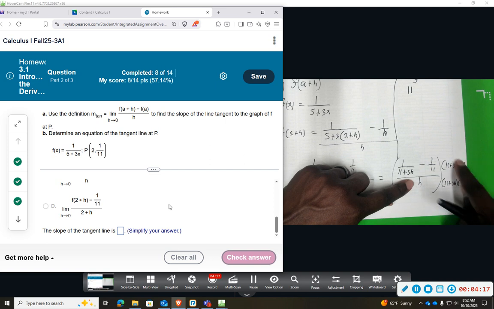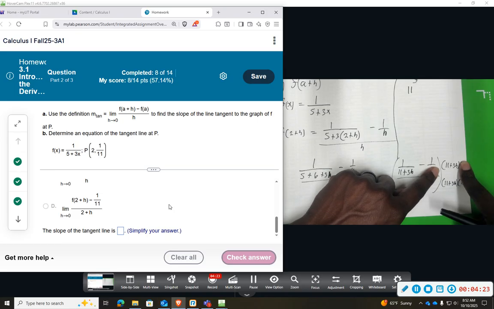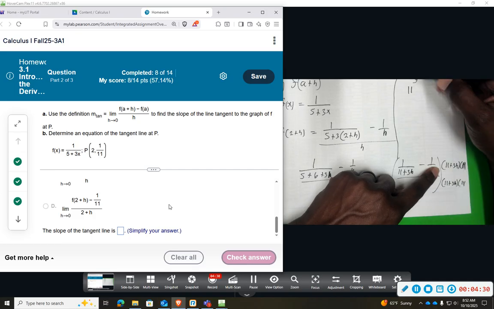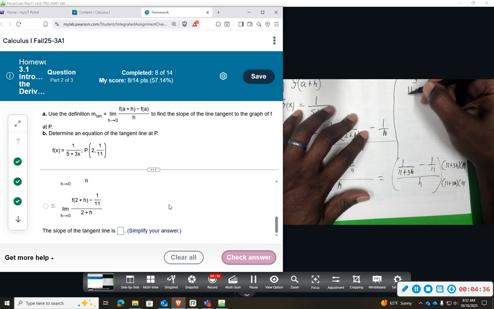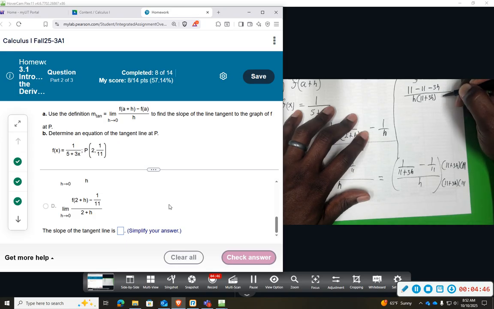And then when I multiply this times the 1 over 11, the 11 will cancel out, and I'll do negative 1 times 11, and then distribute the negative 1 to the 3h. So this will be minus 11 and then minus 3h. And then on the bottom, I'm just going to write it in the same form, 11 plus 3h and then times 11.